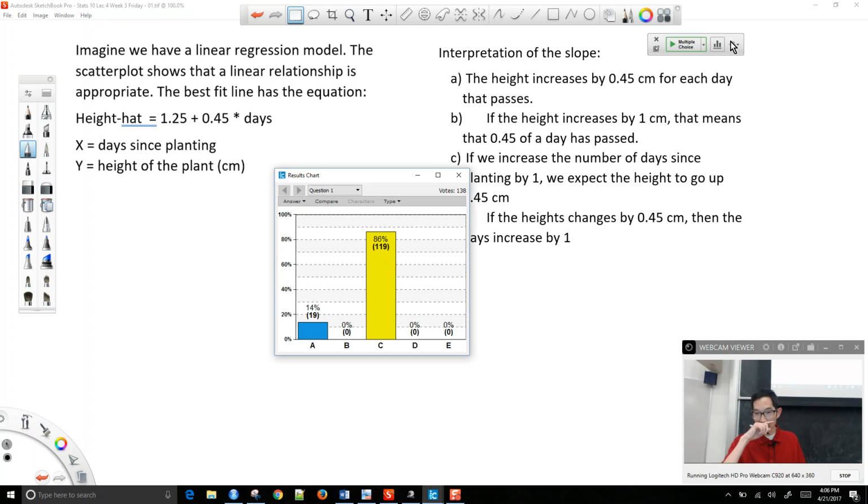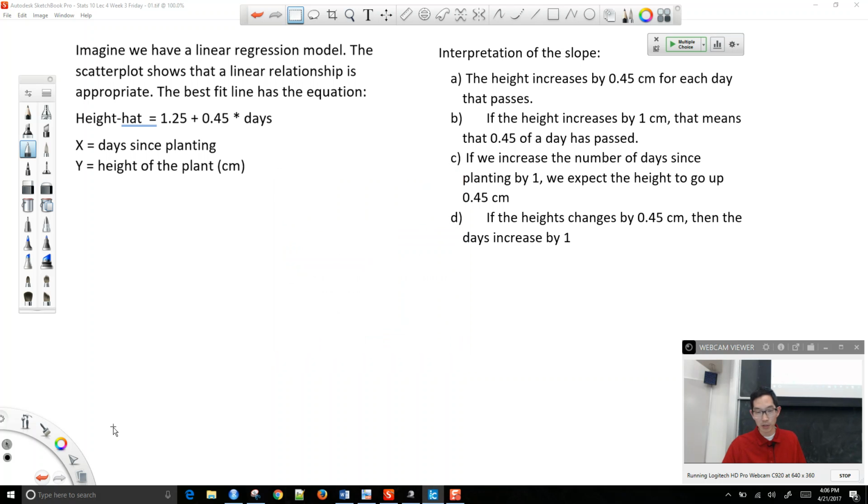Okay, let's take a look. And that is correct. C is the correct answer. Okay, so why is A not correct? All right. The key here is that it seems to indicate that the height, okay?